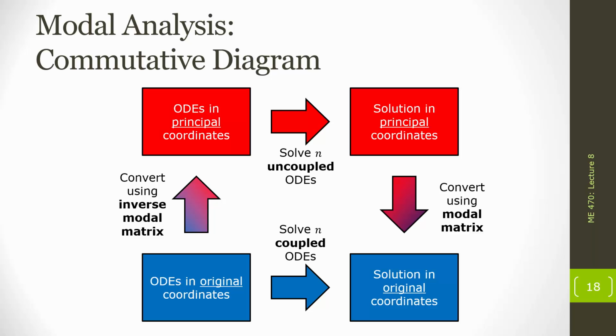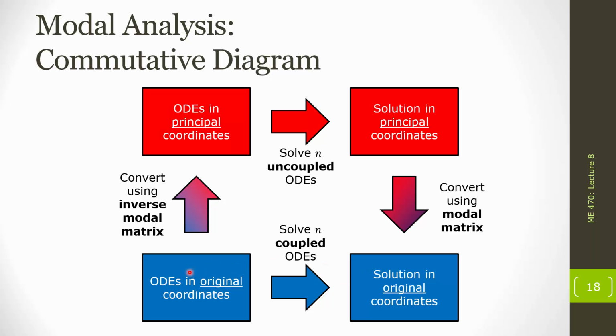We could use that fminsearch or some other similar technique and solve all those coupled ODEs. But as we get to these larger and larger systems, solving those coupled ODEs is going to become extremely difficult, either for the computer to solve or by hand. Really, we're not going to be able to solve it at all. So it's really tough to go from this box to this box directly.